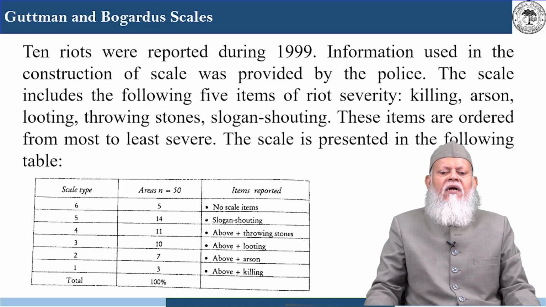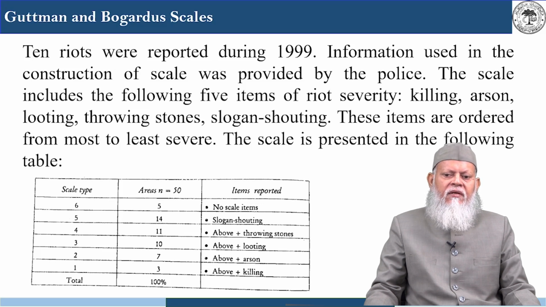These items are ordered from most to least severe. The most severe is killing. Then it dilutes down to arson, then looting, then throwing stones, and the least severe is slogan shouting.